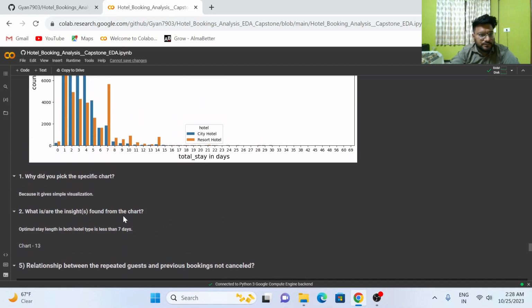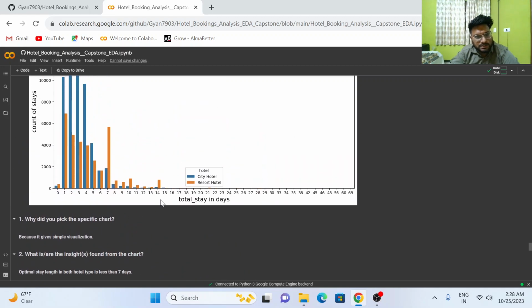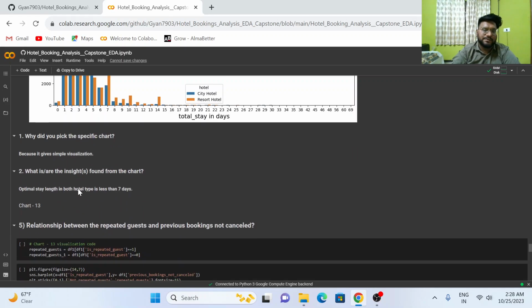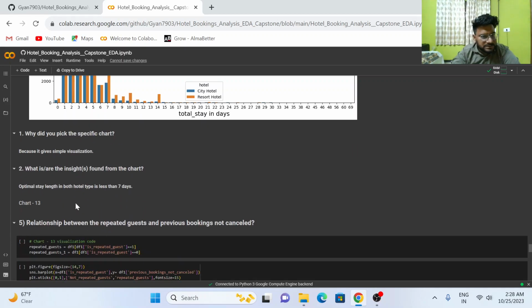So for a lesser number of days, city hotels were the preference, and for the longer stay, the resort hotels were the preference. So the optimal stay length for both the hotels is actually around 7 days.